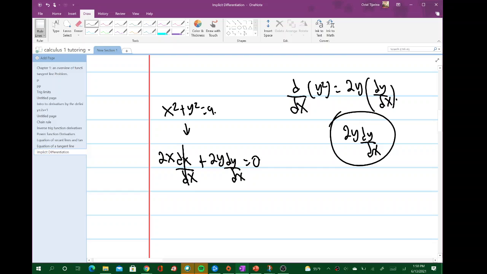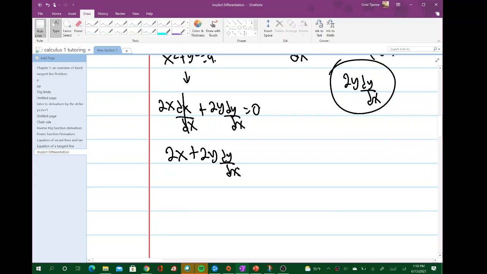At the very beginning when I did derivatives, we would always say that with the power rule it would just be 2x, and then dx dx, that's just 1, so it's just 2x. We didn't really have to say all of that. But when it comes to implicit differentiation, if it's in terms of y, you always have to put a dy dx after. So then that's equal to 0.